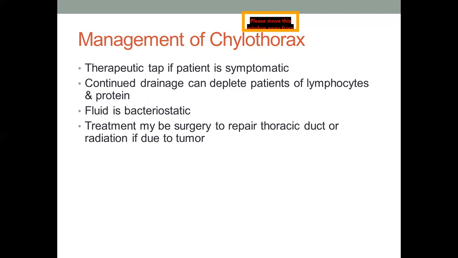And if we do continuous drainage of the chyle, since chyle is rich in protein, the patient may become malnourished. So in that case, one should do proper surgery, which is repair of the thoracic duct, or radiation should be given to the tumor to stop the chyle formation.